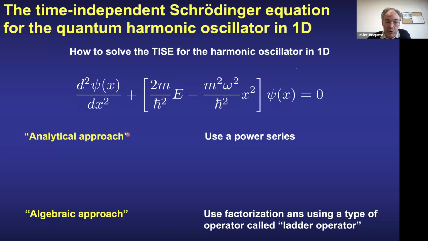One of them is the analytical approach that makes use of a power series, or the algebraic approach that makes use of factorization and uses a type of operators that are called ladder operators. So if you want to take a look at how this equation is solved in a more precise way, you can take a look at the book that I was pointing at the very beginning of this talk.